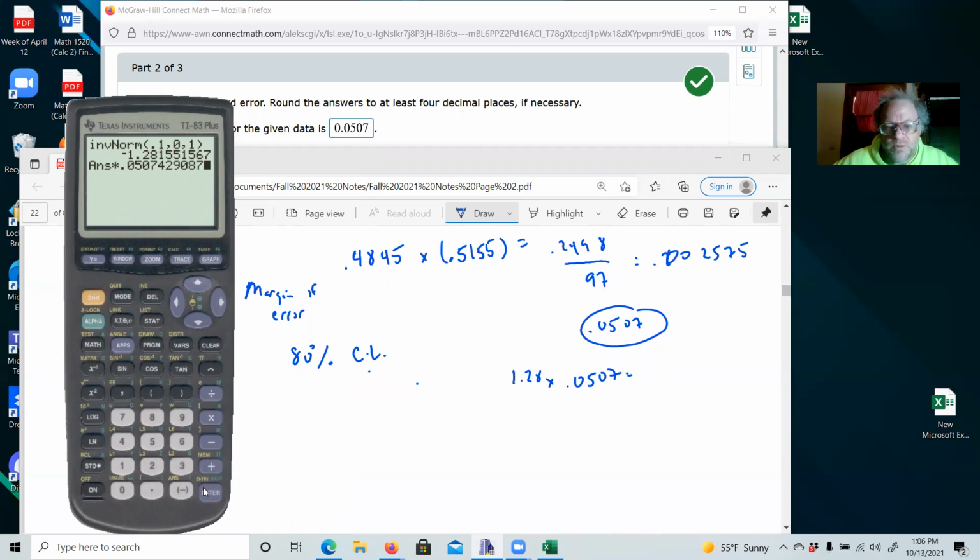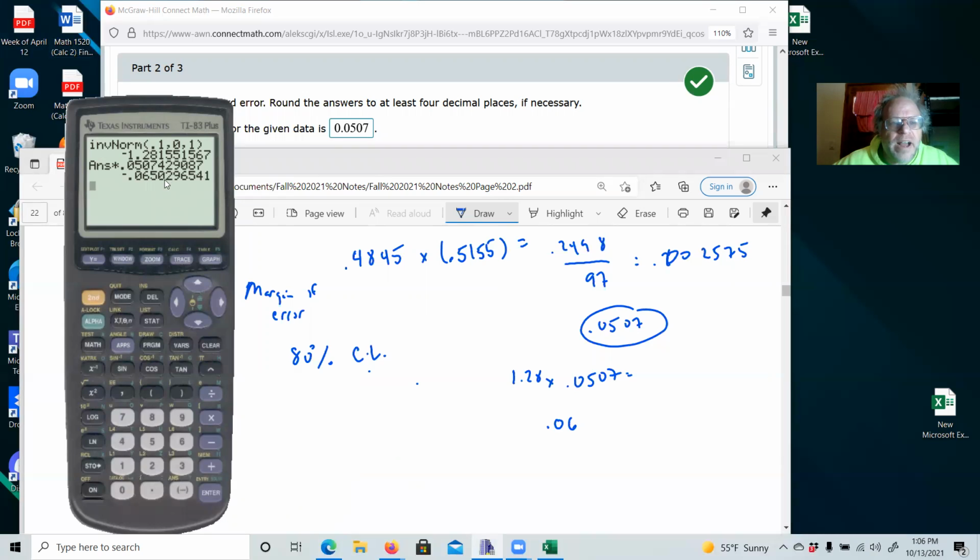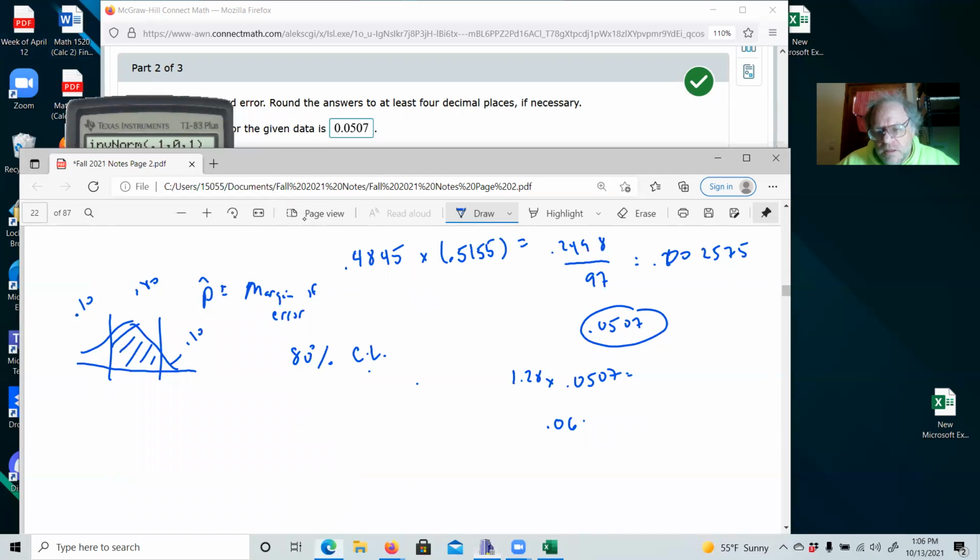And our margin of error is 0.0655. So what does this mean? The margin of error is about 6.5%. We can change this to a percent, and we get 6.5%.